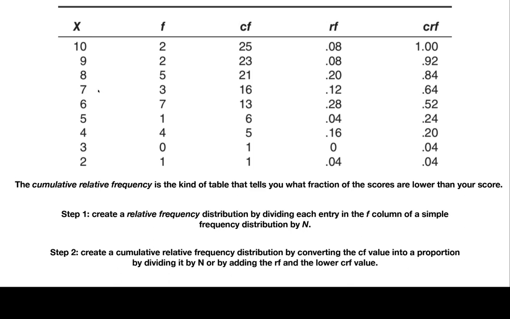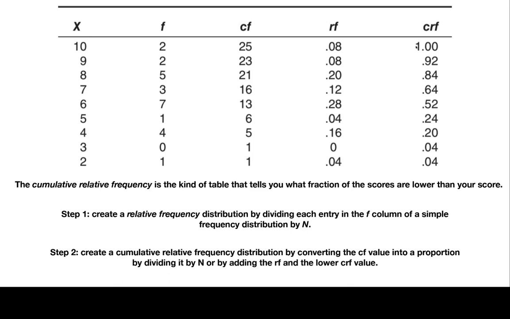We need to also take note that the CRF for the top score on the table should be 1.0. If it isn't 1.00 or 1.0, then you made some kind of mistake, perhaps too much rounding off with the lower entries.